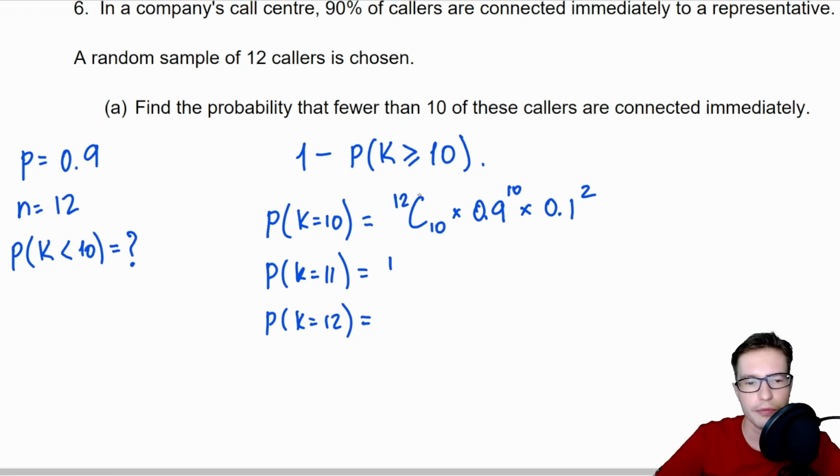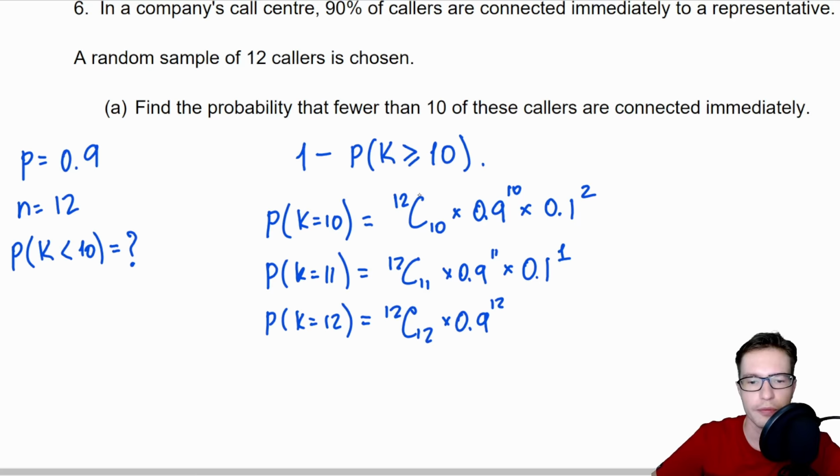And continue: 12C11 times 0.9 to the power of 11 times 0.1 to the power of 1, 12C12 times 0.9 to the power of 12 times 0.1 to the power of 0.